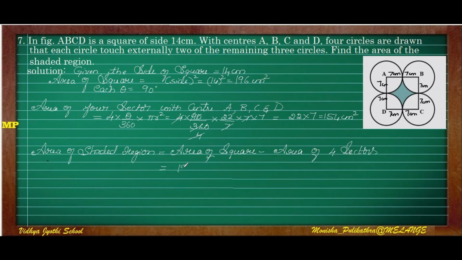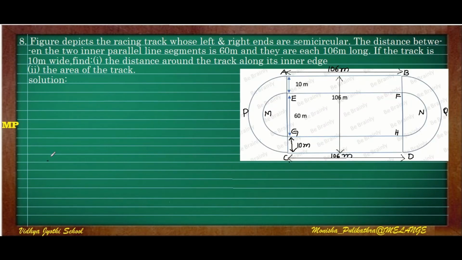So area of square is 196 minus area of 4 sectors is 154. So area of a shaded region is equal to 42 centimeter square. I hope you understood this. Let us move on to the 8th sum of this session.